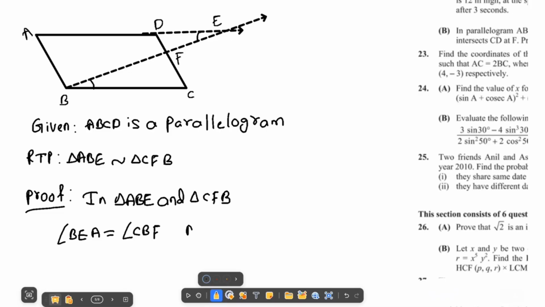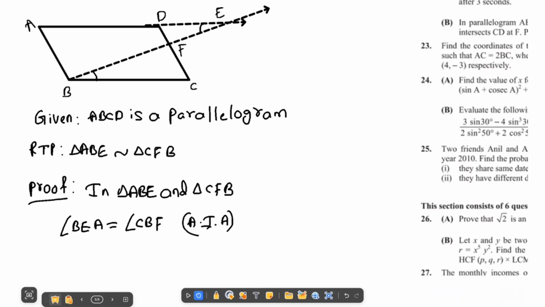So both are alternate interior angles. Next, angle B in triangle ABE, and angle F in triangle CFB, both are alternate interior angles.